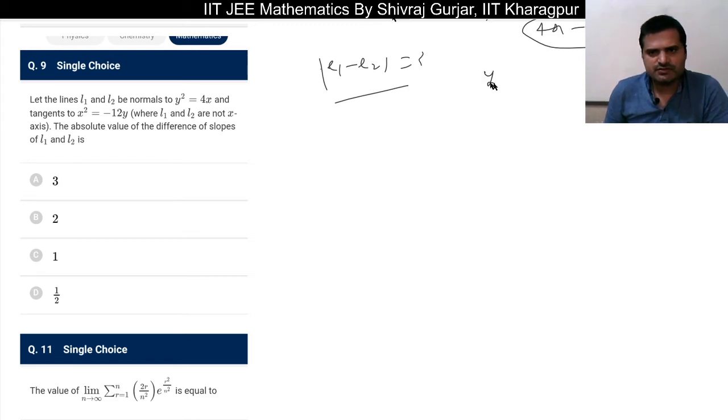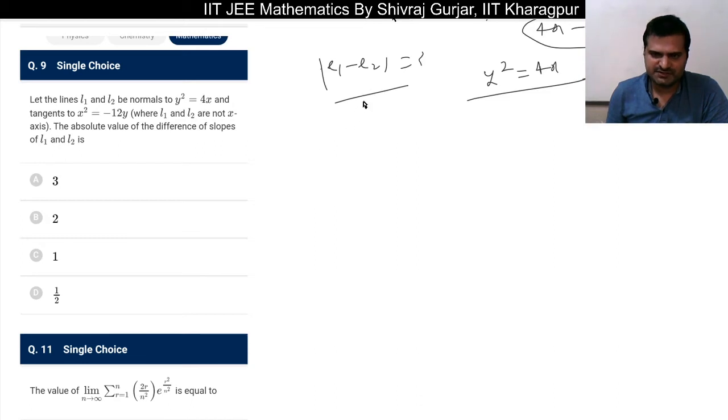So y squared equals 4x. We know this is the standard form of a parabola, and the parametric form is given by (t squared, 2t).